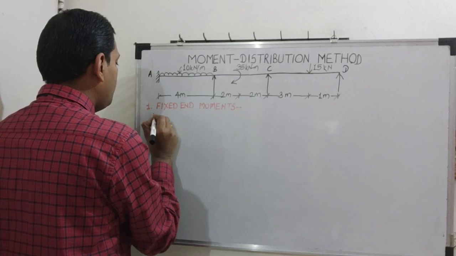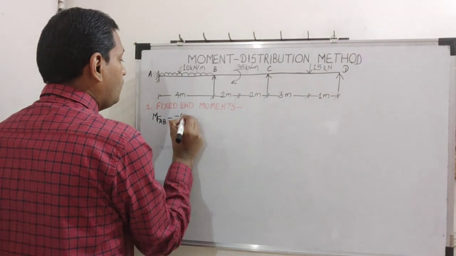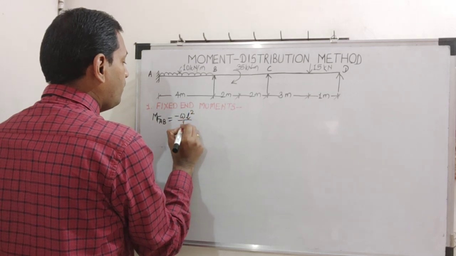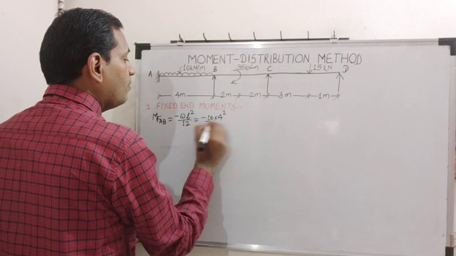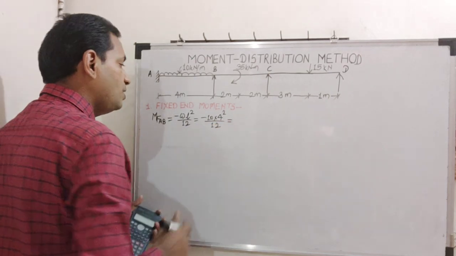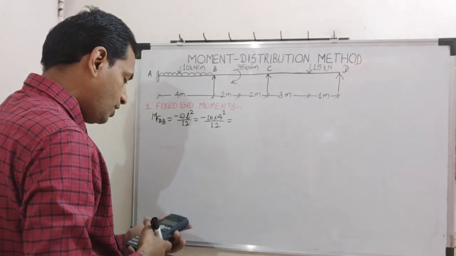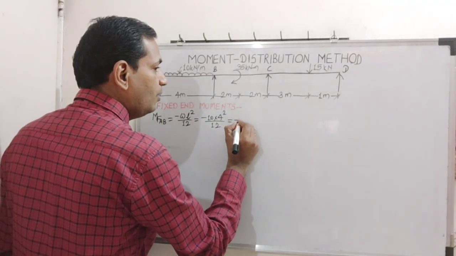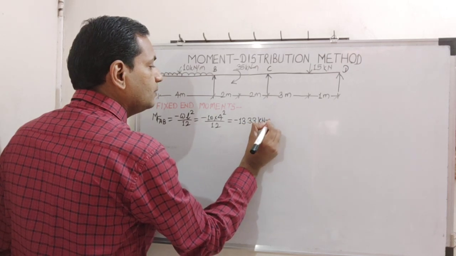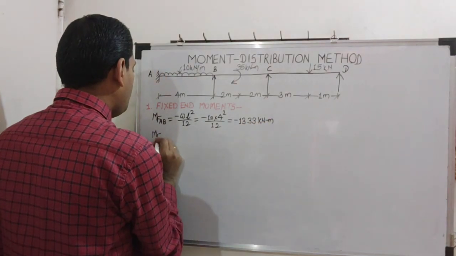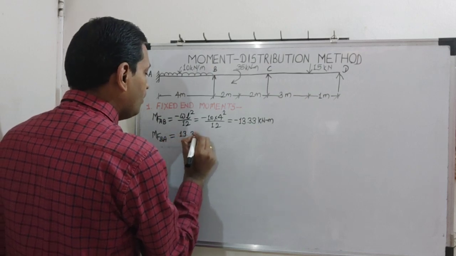So MFAB equation is minus WL square by 12. So it is minus 10 into 4 square upon 12. So it is minus 13.33 kilonewton meter. So MFBA will be naturally plus 13.33 kilonewton meter.